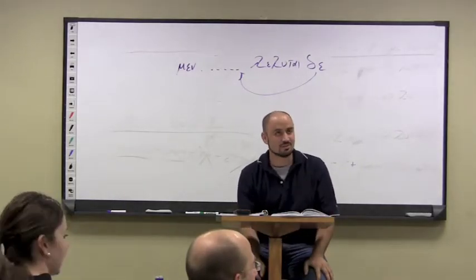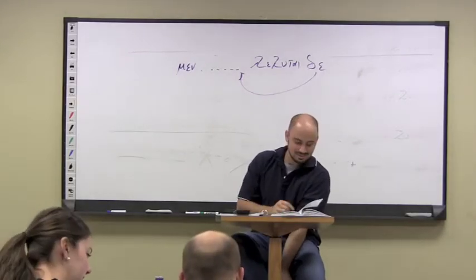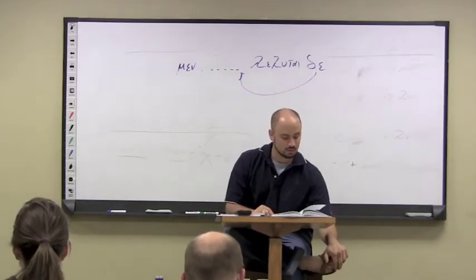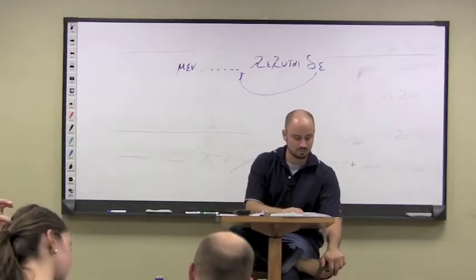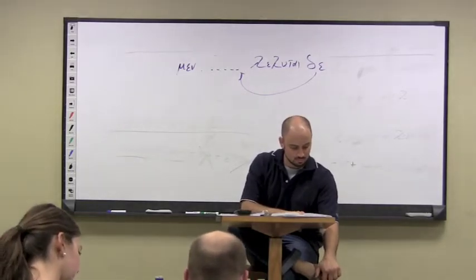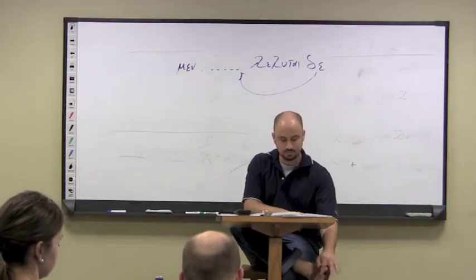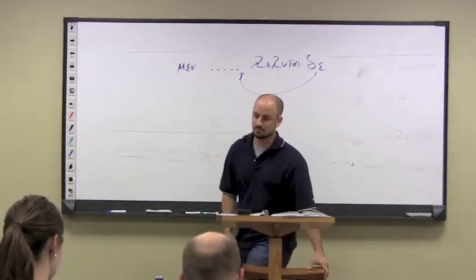So, the first sentence. Dia is therefore. Therefore, the slaves were loosed by the master? Very close. Were loosed would be an aorist passive.